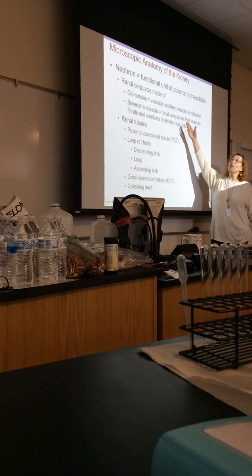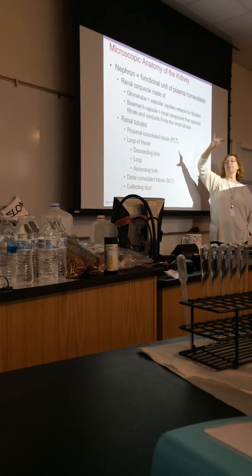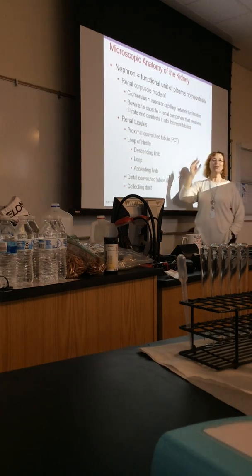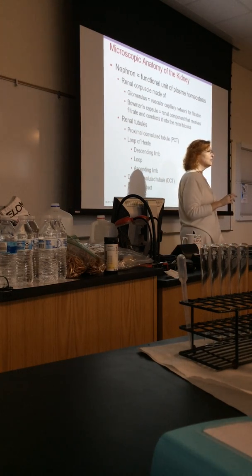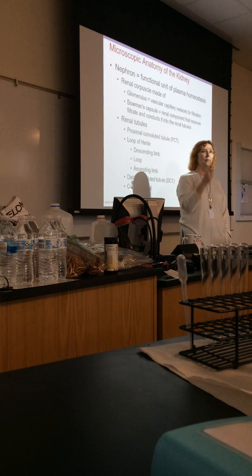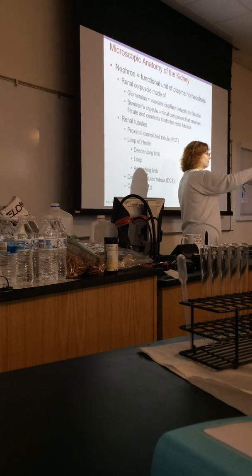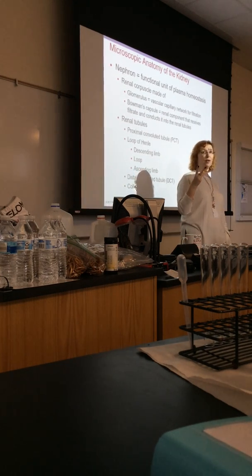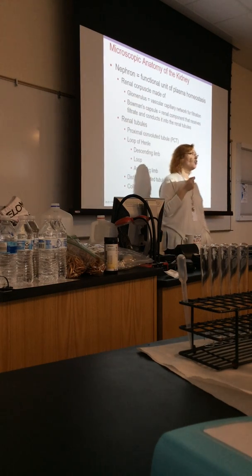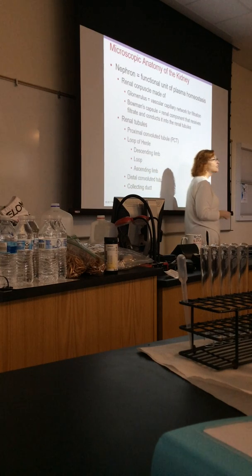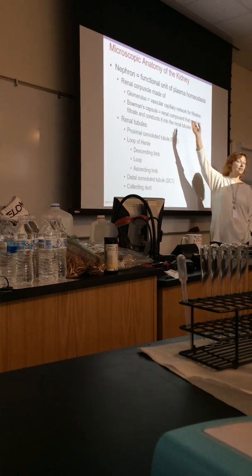Okay, so when we look at the renal corpuscle, which is where this whole process begins, the renal corpuscle is made up of 2 parts. We've got a vascular part, and we've got a renal part. We've got our vascular piece and we've got our kidney piece. Our vascular piece is called the glomerulus.